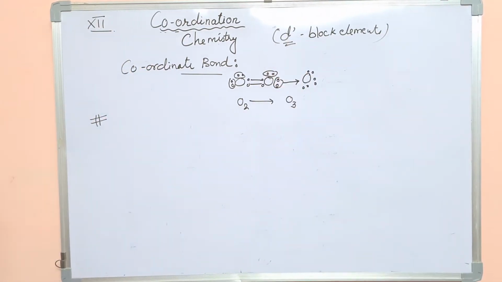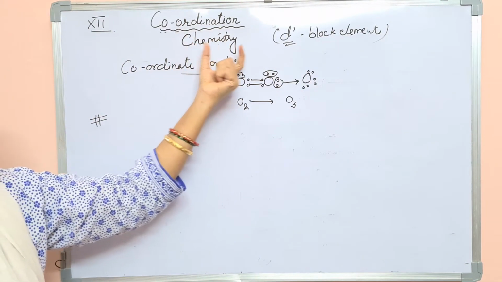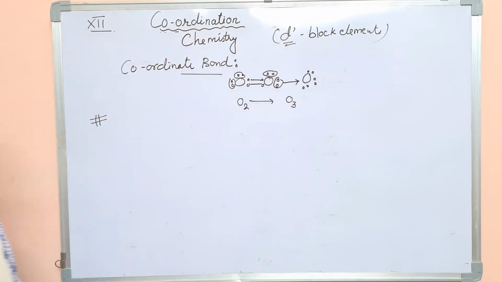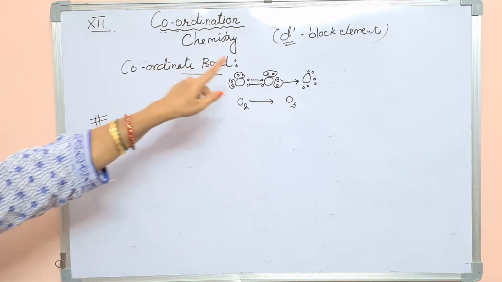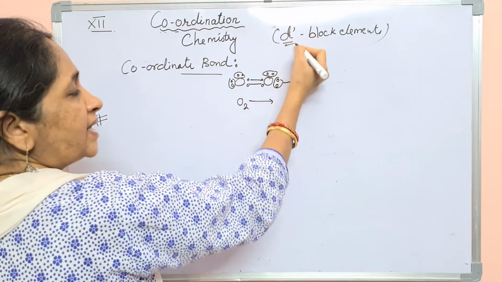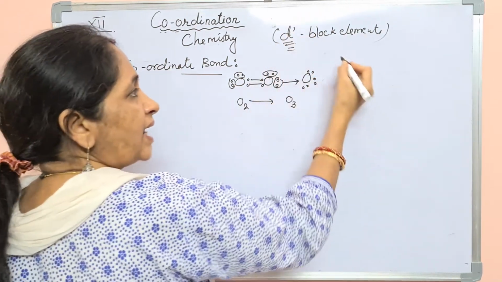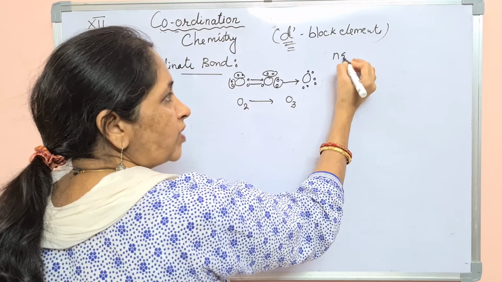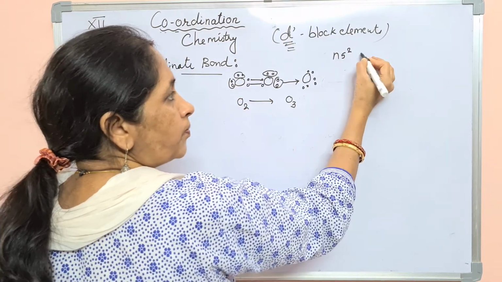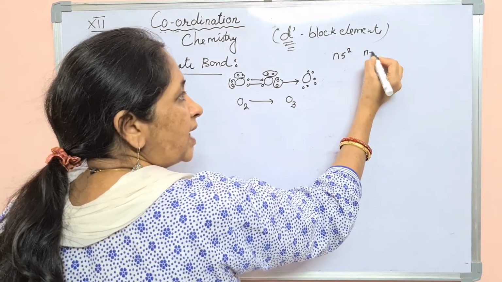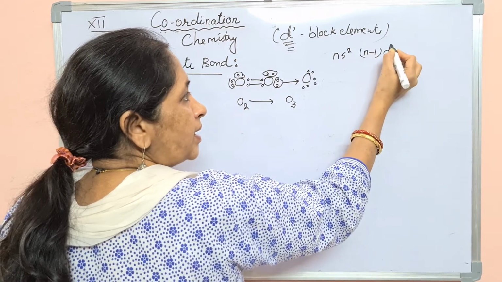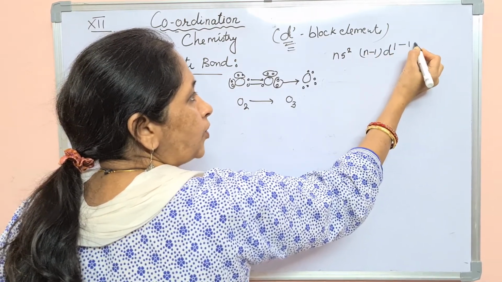From the periodic table, coordinate compounds are formed by D block elements, and you know that in the D block mostly metals are present. One most important property of the D block elements is their electronic configuration: ns1 to 2, (n minus 1) d1 to 10.